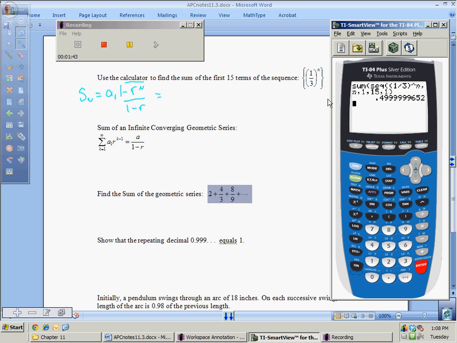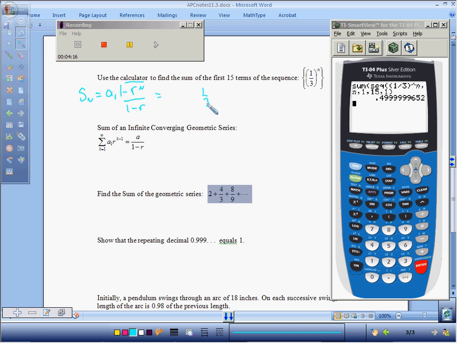So if I went 1/3 plus the next term, 1/9, plus the next term, 1/27, plus dot dot dot on to infinity, of 1/3 to the n, eventually that would not approach infinity, but it would approach the number 0.5, which doesn't seem to make much sense, but it actually does.